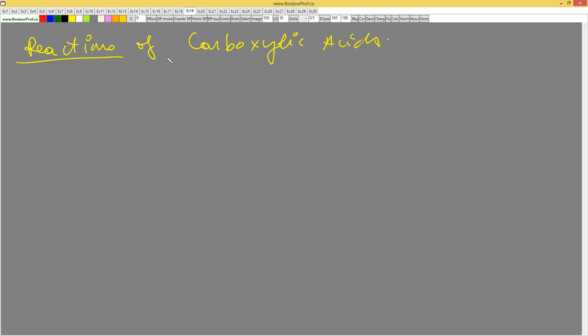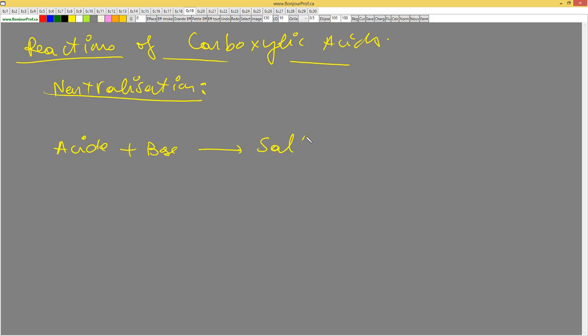First, neutralization. Neutralization is like any acid plus base will give you salt plus water. This one you know from grade 9 and grade 10.